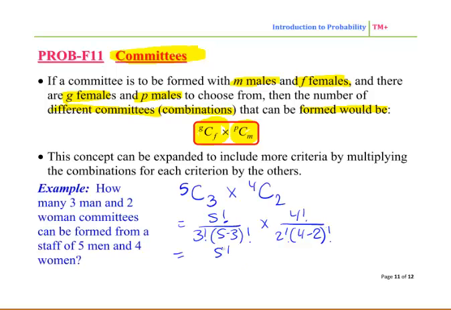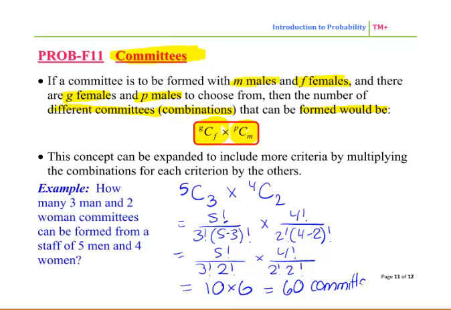So that's 5 factorial over 3 factorial, 2 factorial, times 4 factorial over 2 factorial, 2 factorial, which on the calculator is 10 times 6, which is 60 committees. So going back to it, I want 3 from 5, and I want 2 from 4. Order doesn't matter, so it's a combination.